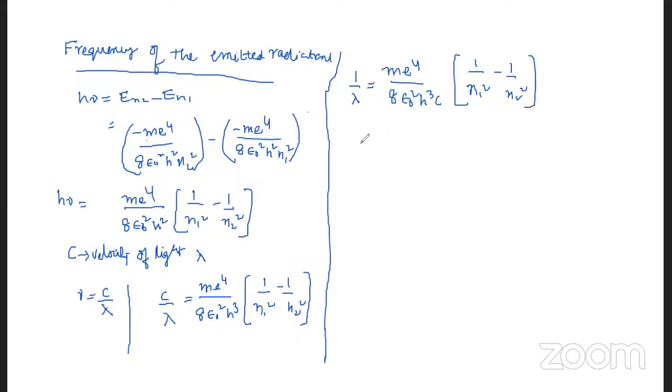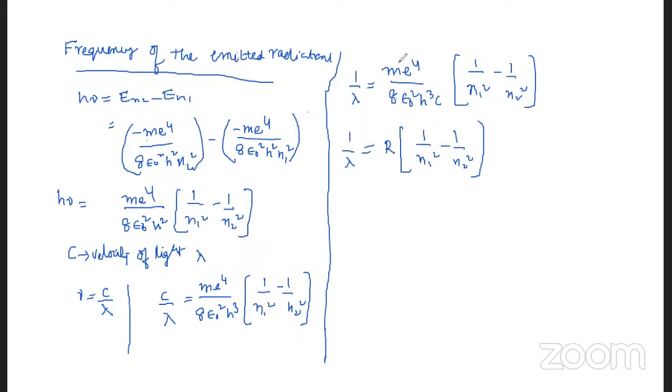So we can write this as 1 by lambda equals, and this entire value of m e power 4 by 8 epsilon naught square h cube c is known as the Rydberg constant R. So 1 by lambda equals R into 1 by n1 square minus 1 by n2 square, because the R value is m e power 4 by 8 epsilon naught square h cube c.